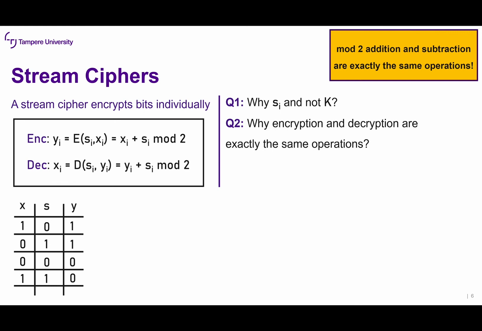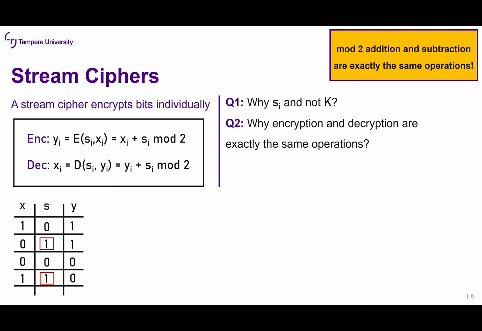So we managed to encrypt the plaintext that we see in the first column with the key in the second column, and the third column shows the encrypted version of X, the ciphertext. What you should notice is that every time we do the mod 2 operation with 1, the bit in the X column is flipped.